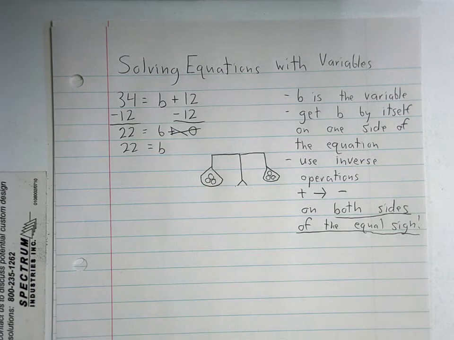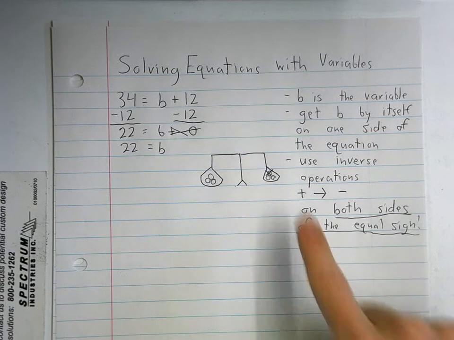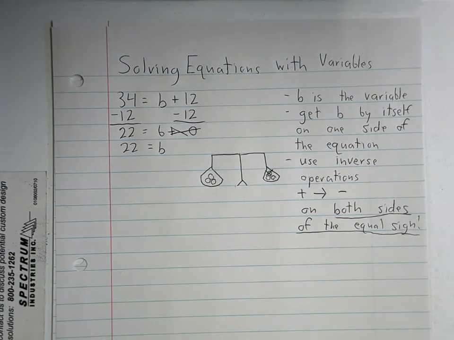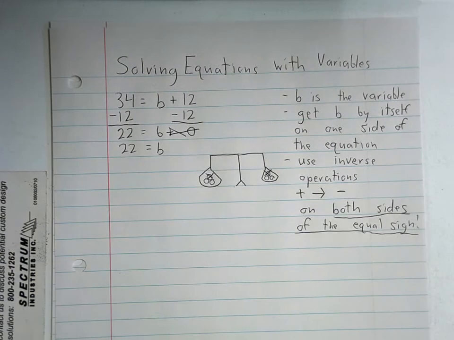The scale is going to stay in the middle. But if I take away 1 from this side, what do I have to do to this side to make it stay the same? Natalie. Take away 1. You have to take away 1 too. Okay? I have to keep things the same. Whatever I do on one side, I have to do the same on the other side. That's what an equation's all about. Keeping things equal. Whatever you do to one side, you have to do to the other.